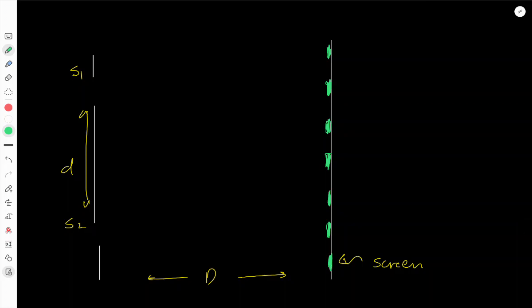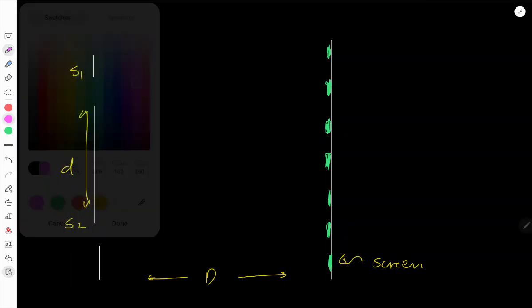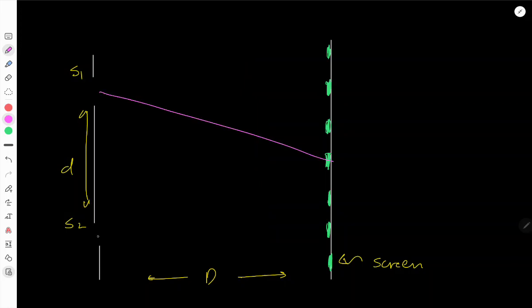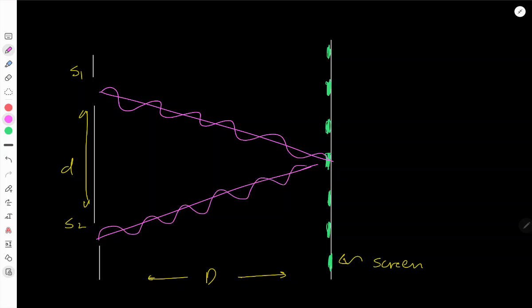And hence, in order to answer the question of how this was observed, we prove that the light is acting like a wave. Only then would there be such an interference pattern. That is, over here, both the waves emerging from S1 and S2, these both are waves.